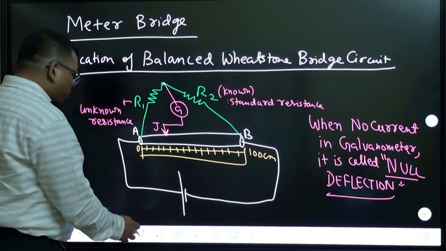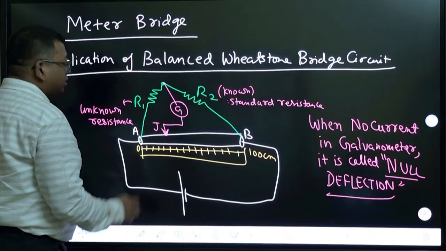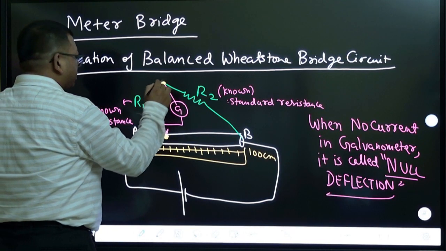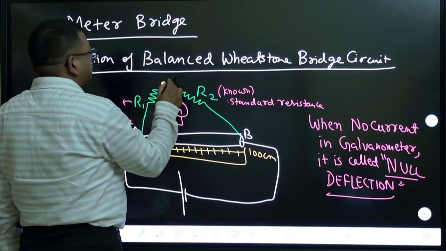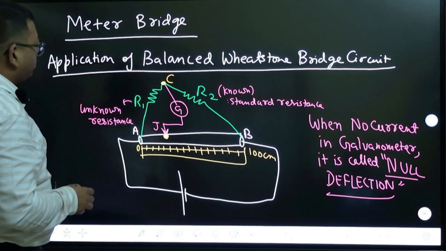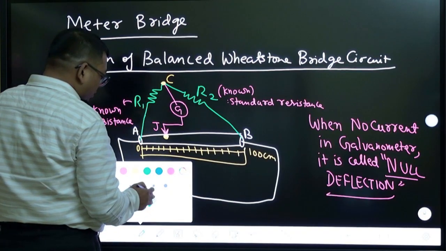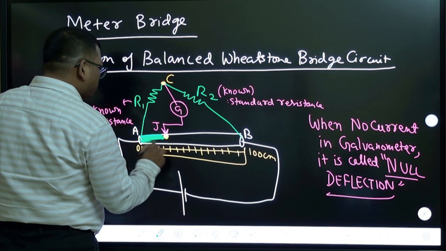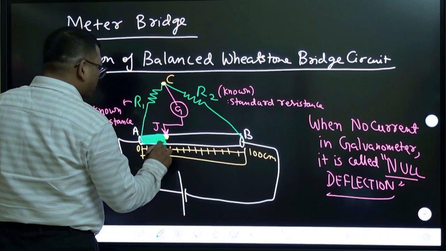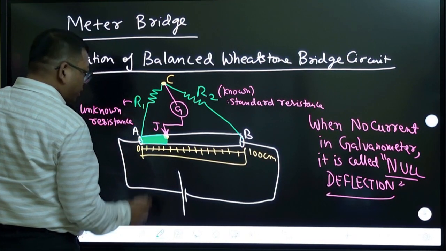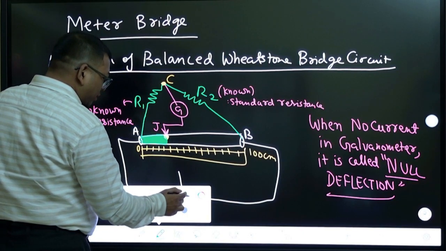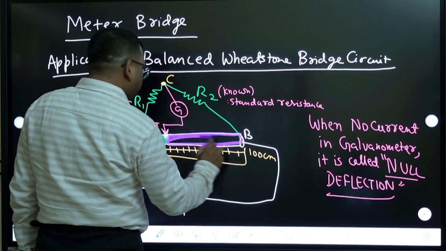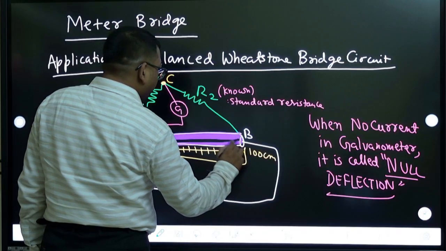Okay, so when no current flows in the middle branch, what happens? This point is the point J, and let us take this point as C. No current in the middle branch means you need to note that this portion of the wire, up to J, behaves like a resistance, and that portion of the wire, this side, also behaves like some resistance.